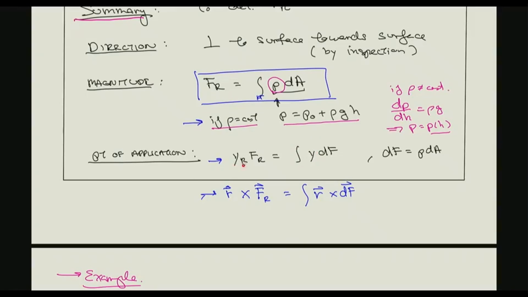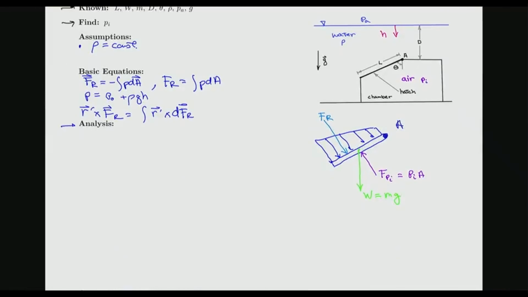And if you would like to determine the point of application and the resultant force, the point of application would be determined such that the moment caused by the resultant force is equal to the moment caused by the distributed force. Okay, so this y sub r would be this, y sub r.